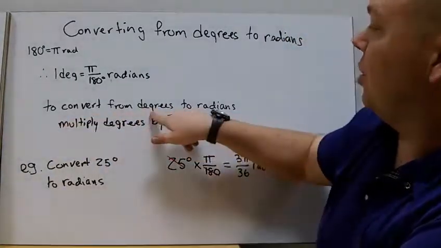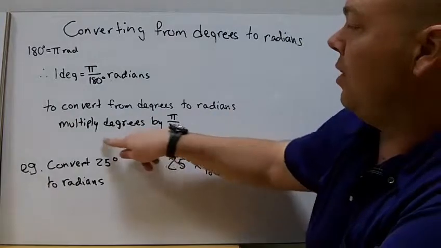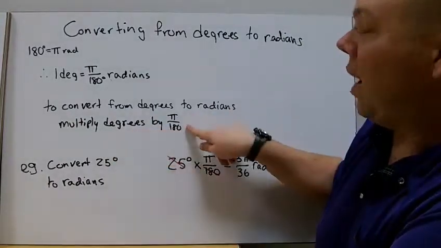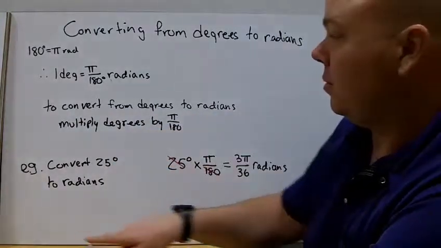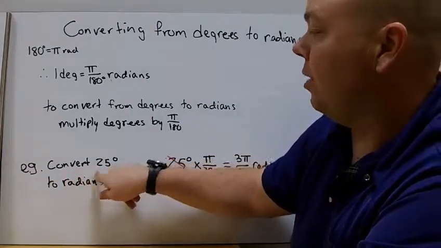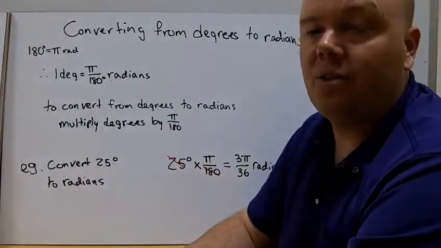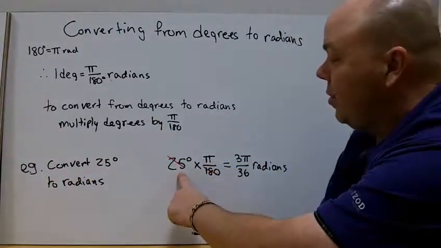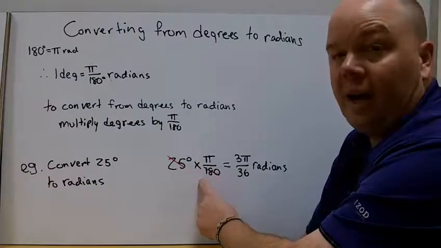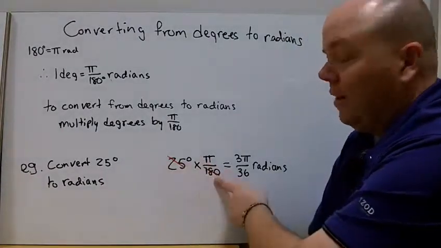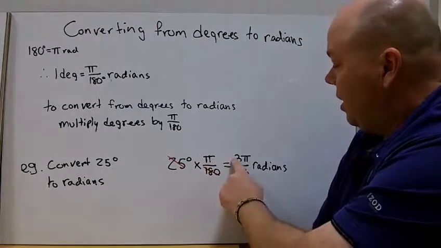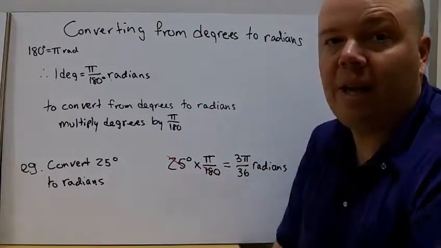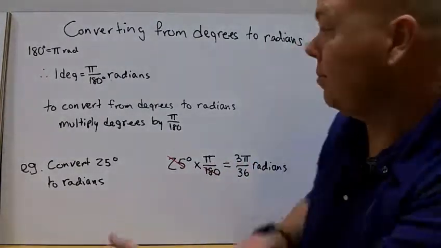To convert from degrees to radians, multiply your degree measure by pi over 180. For example, convert 225 degrees to radians. 225 degrees times pi over 180. If I simplify this a little bit, that would give me 5 pi over 4 radians.